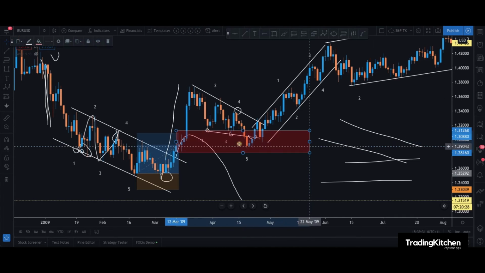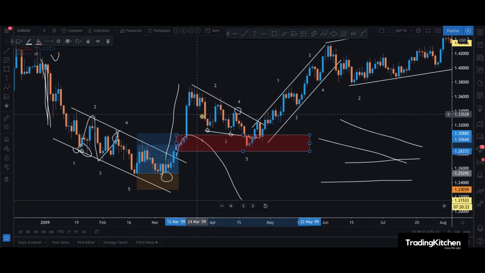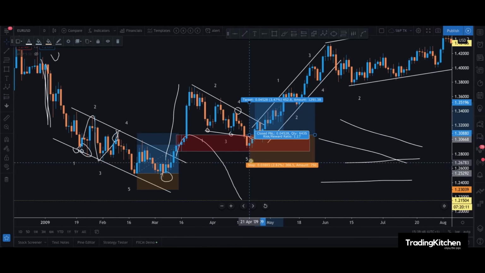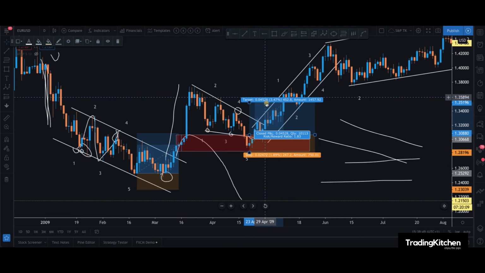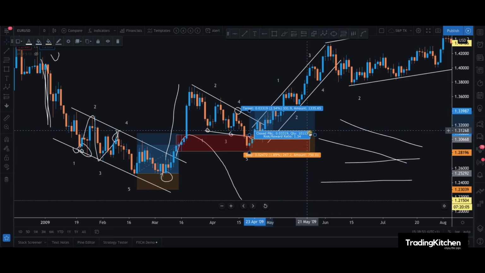So this here is a structure in this doji, and as you can see, you can go long with this kind of stop loss and target 0.4, always 0.4.